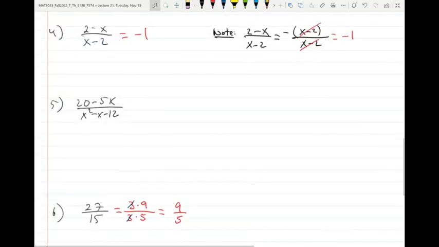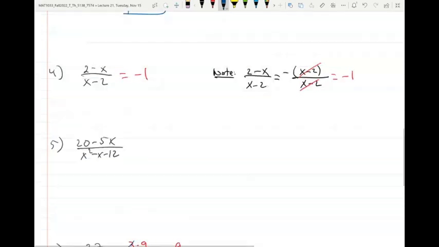So let's see, you do number 5. That is 20 minus 5x over x squared minus x minus 12. Oh wait, number 4, I forgot to write the restriction.